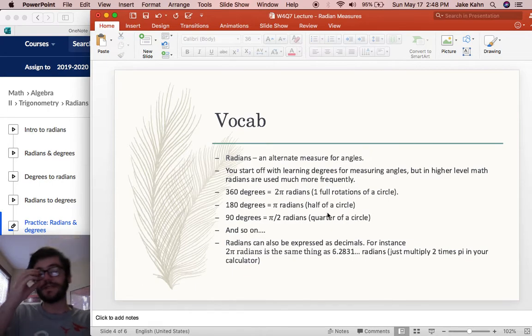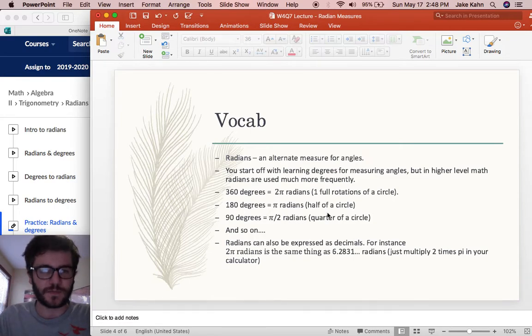Last note is that radians can also be expressed as decimals. You will usually see radians expressed in terms of pi, right? This angle is pi over 4 radians or 5 pi over 6 radians. But you can also change that expression with pi to a decimal. For instance, 2 pi radians, a full rotation of a circle, 360 degrees. You can also express that as a decimal.